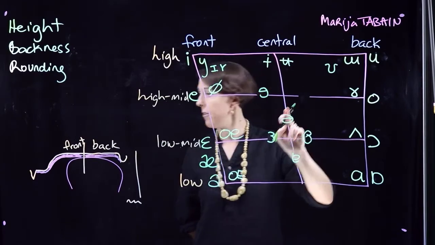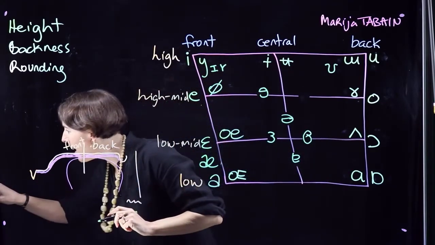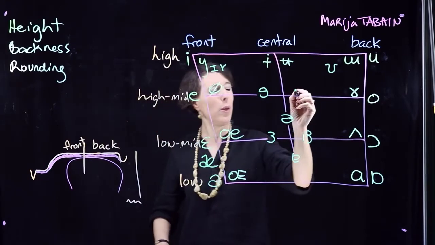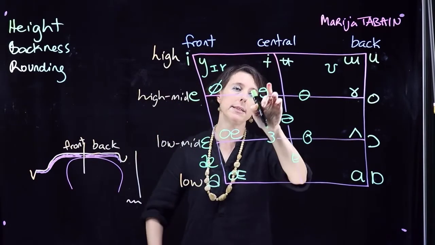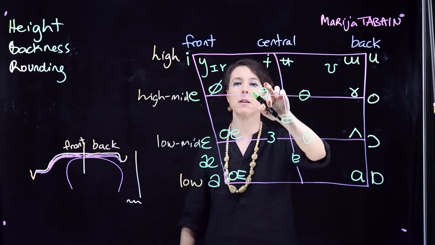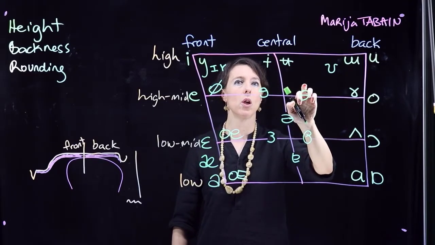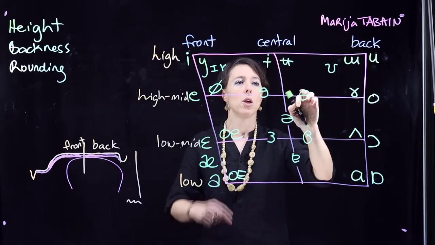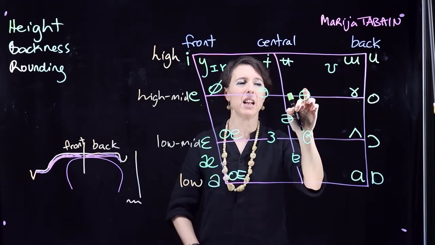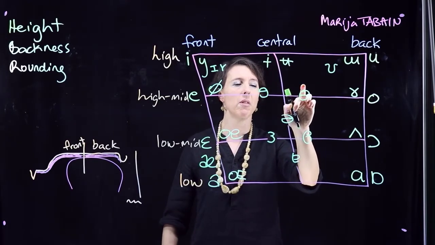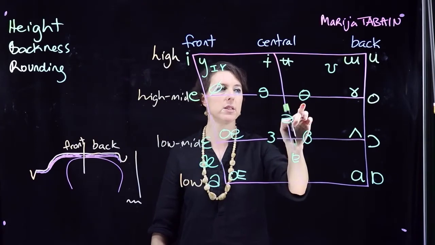And then we do a rounded version. I'm going to check how to write this one as well. It's sort of like an O with a line through the middle. And really, you'll probably have trouble hearing the difference. So remember, this is unrounded, this is rounded.